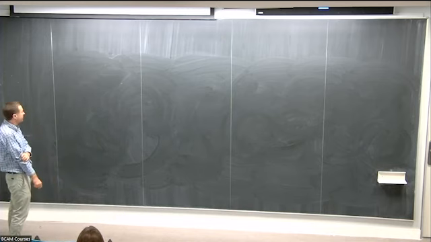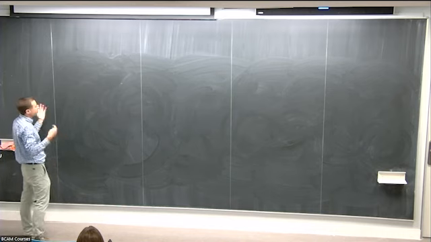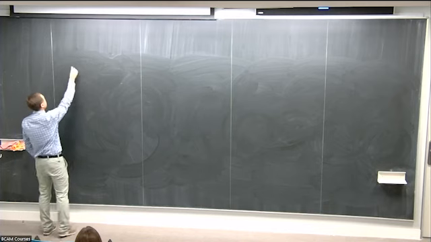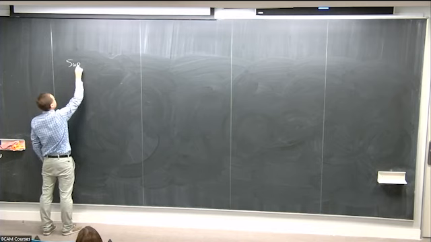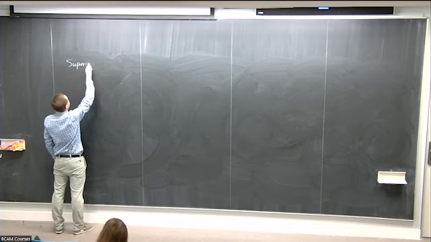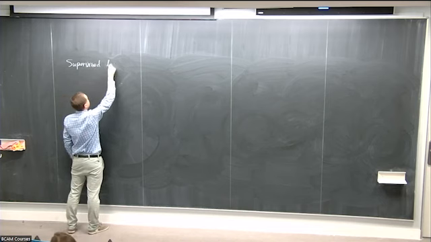Okay, so let's go back 2 days to the beginning of the course, and then let's see what we said at the beginning. So we were thinking about supervised learning.